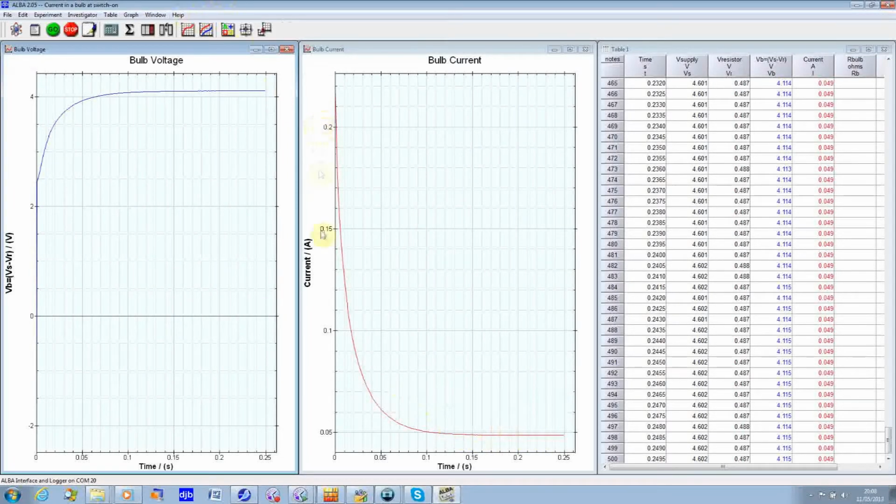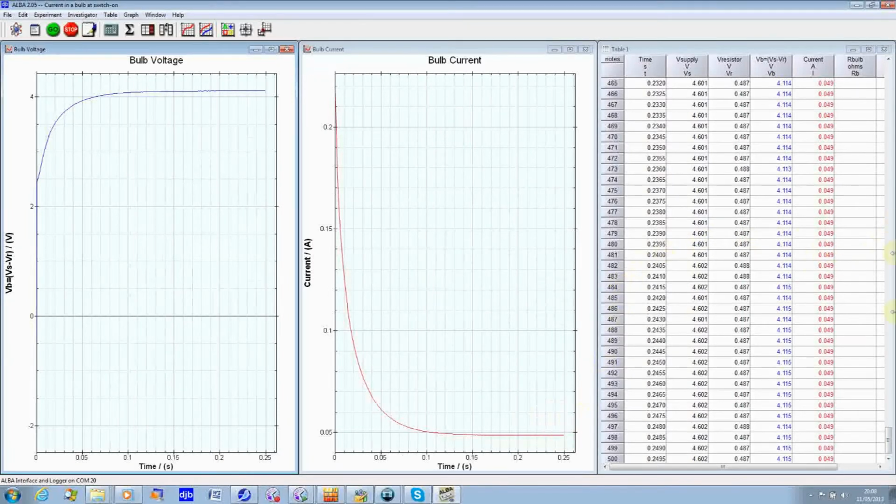That value there is more than 4 times the final value. So there's this sudden great big current, and then it settles down again to the steady value of the current that would flow through the bulb in normal operating conditions.